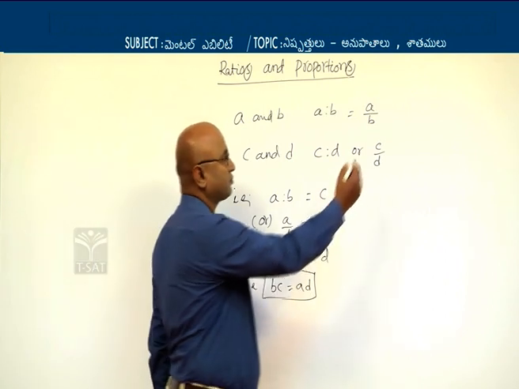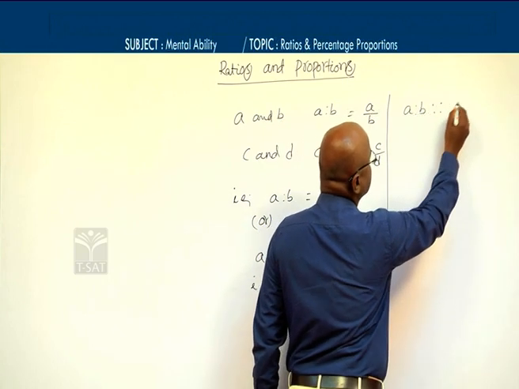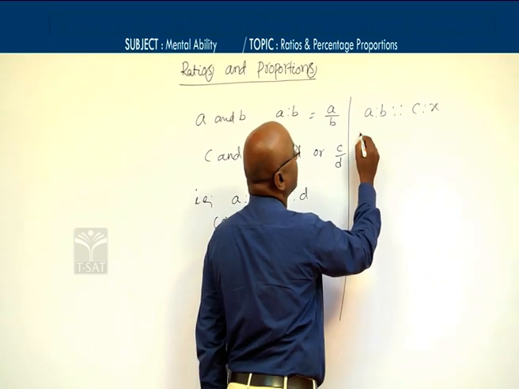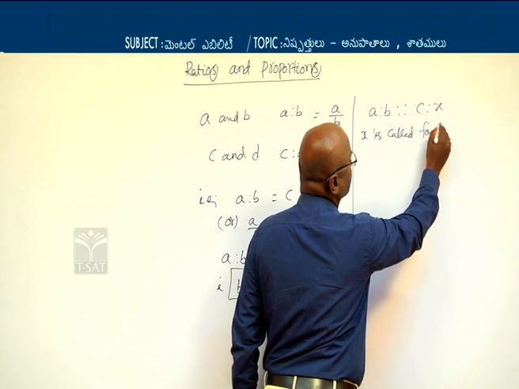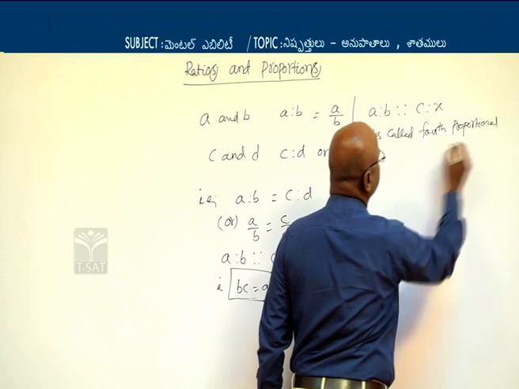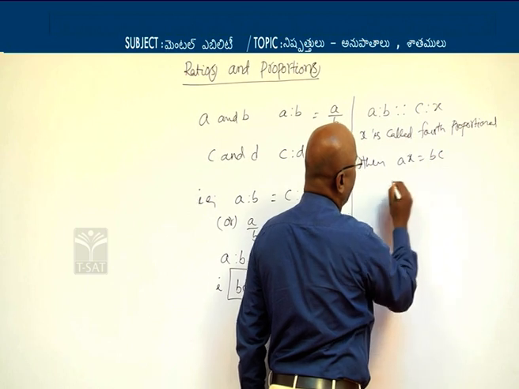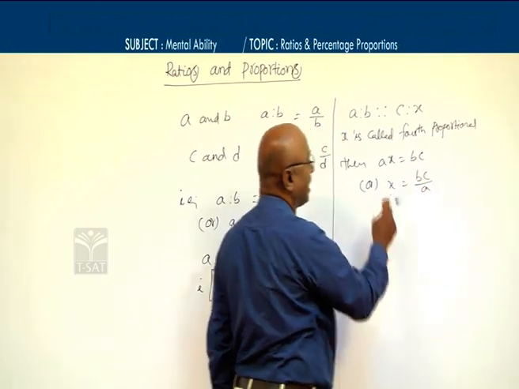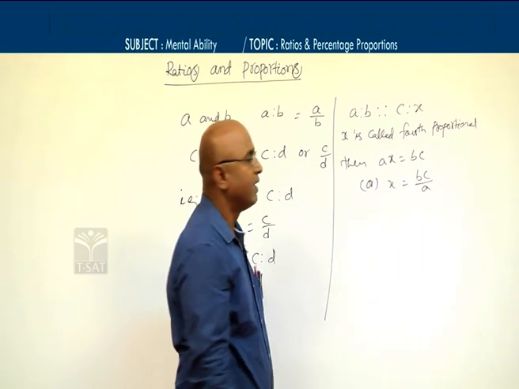Now if A is to B as C is to X, here X is called the fourth proportional. Then AX equal to BC, or X is equal to BC by A.